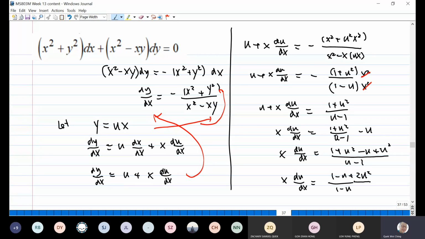So you become minus u square plus u. So it becomes 1 plus u now.